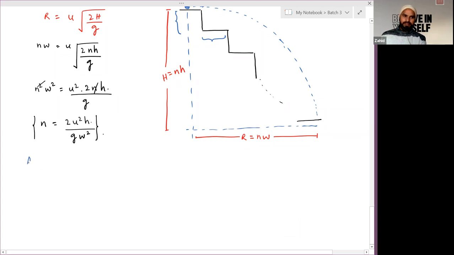Okay. So next is angular projectile, or we may say oblique projectile.